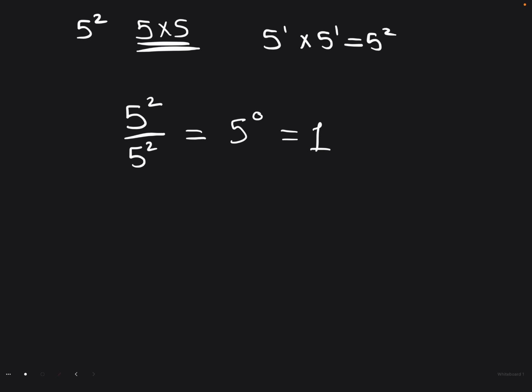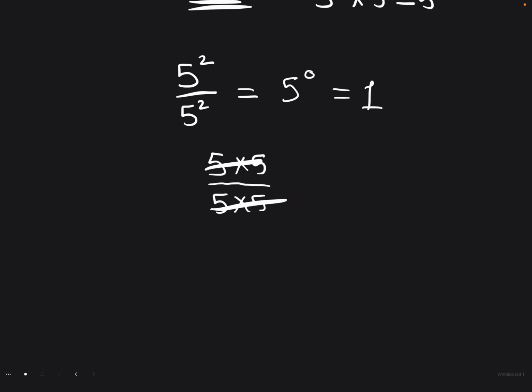To put this into perspective, let's say 5 into 5 over 5 into 5. These 5s would actually cancel out with each other to produce a number of 1.